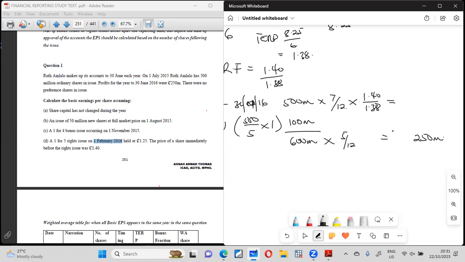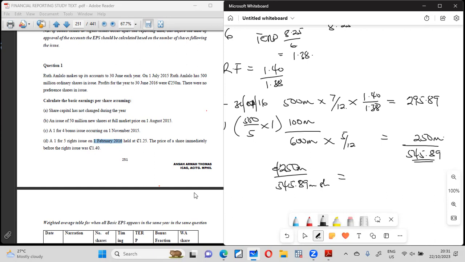What about the top? The top is 295.89. So when we add it, we have 545.89. Then it will be 250 million cedis over 545.89 million shares.